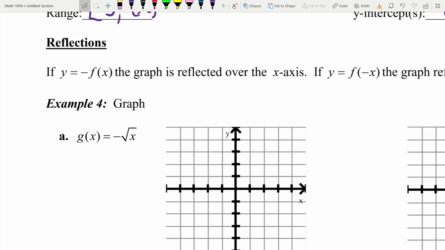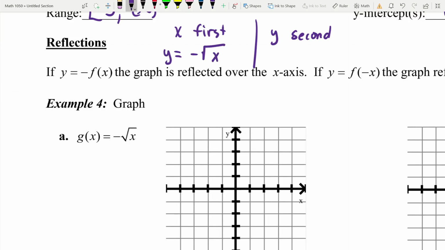If you alphabetize x and y, the x comes first. So I want everybody to write x first, y second. This is how I remember which one's which. If the negative comes first, meaning it's at the front of the function, that is an x-axis reflection.